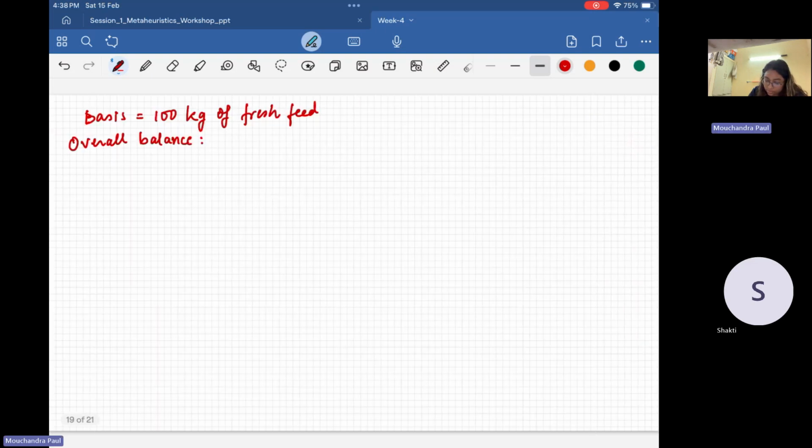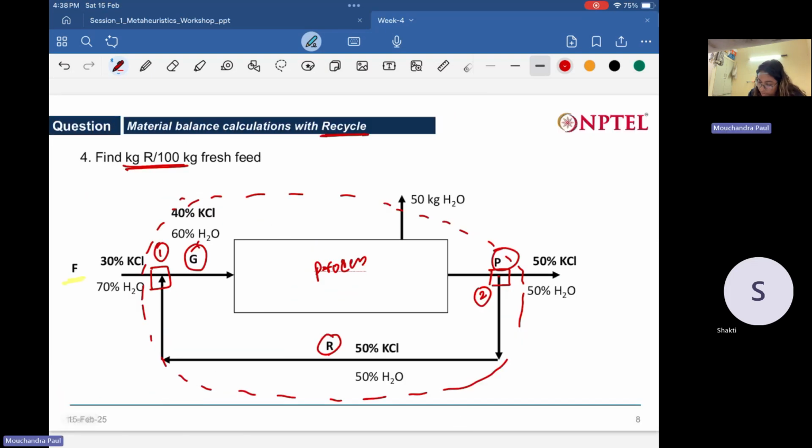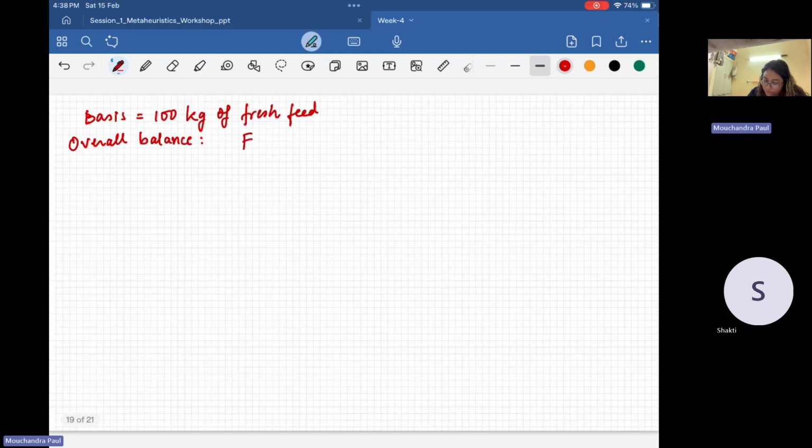F is entering, P is going out and 50 kg of water is going out. So instead of writing F, we can write it as 100. So this tells us P, the product, is 50 kg.